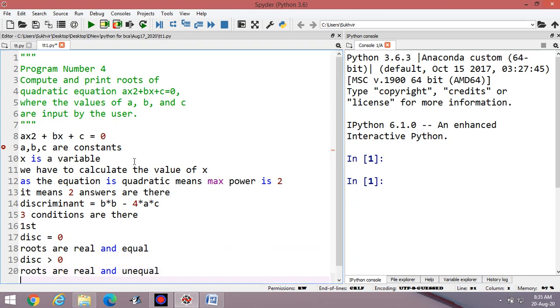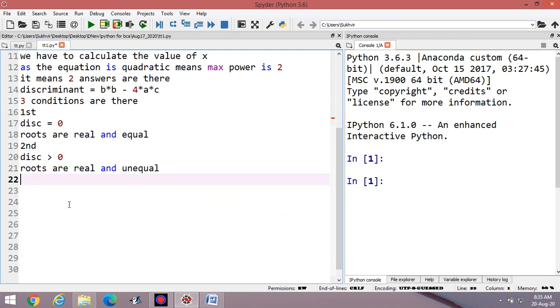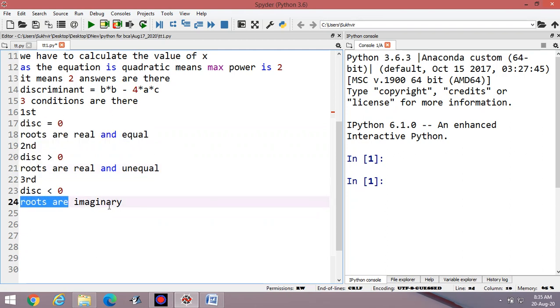This is the second condition. Now what about the third condition? If discriminant is less than 0, then roots are imaginary. In the first two conditions we have to calculate the roots, and in the third condition we can write only that roots are imaginary.